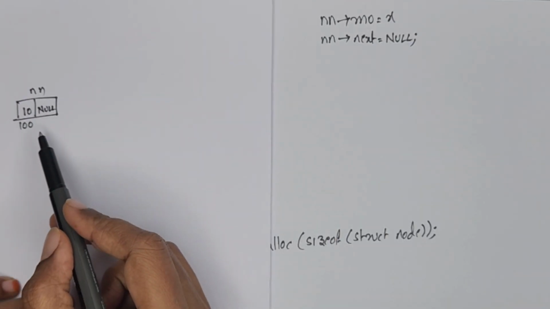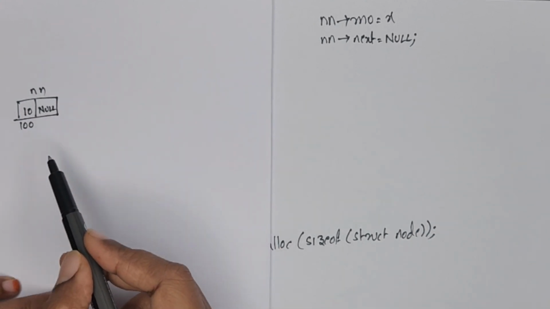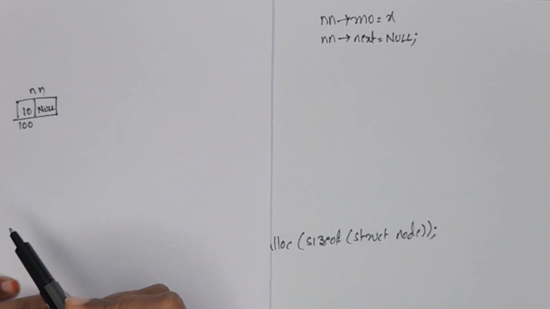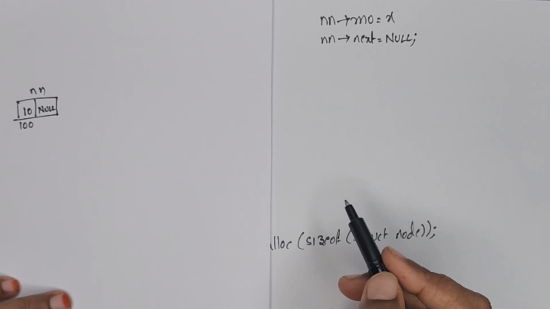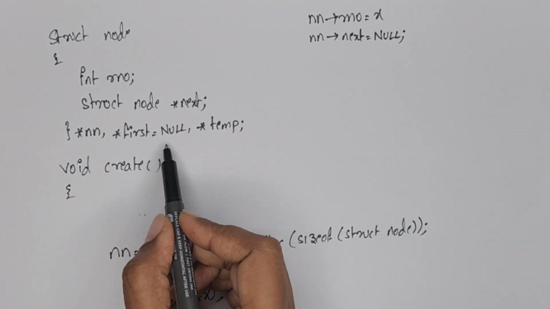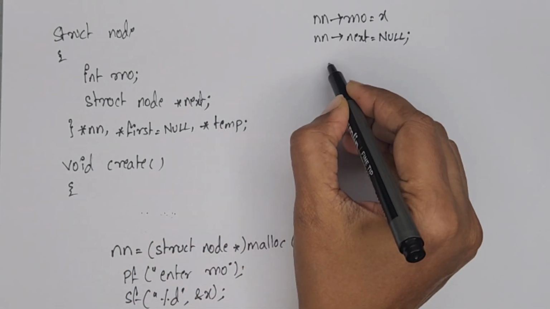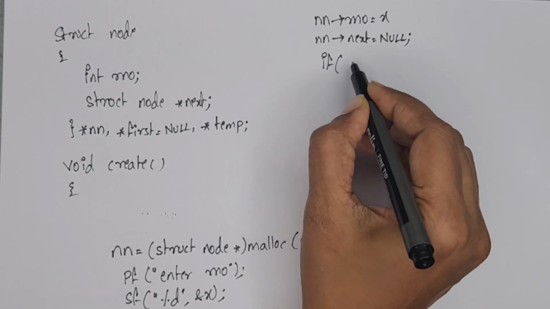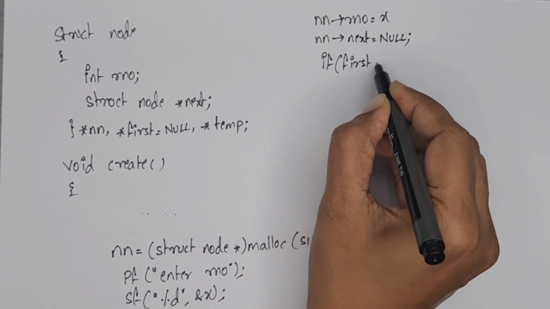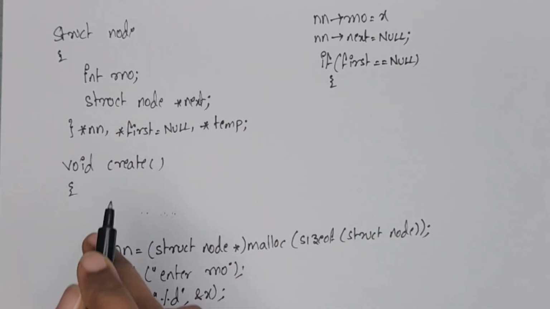After creating the new node, if your list is empty, the new node is assigned to first. How can you check the list is empty? Initially, what is the first value? Null. If first equals null, it means whatever we have created becomes the first node. So you have to check one condition: if first equals null. Initially anyway first is null.